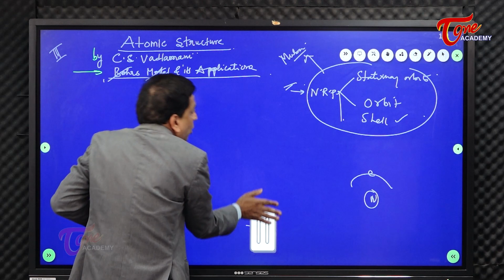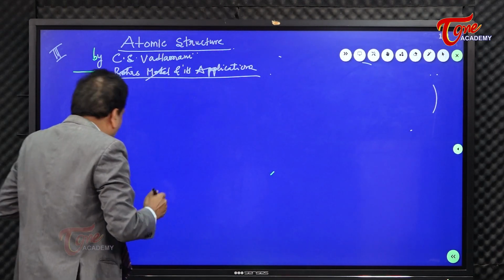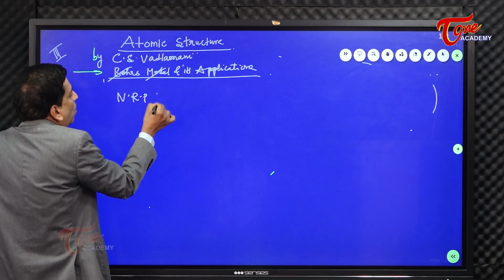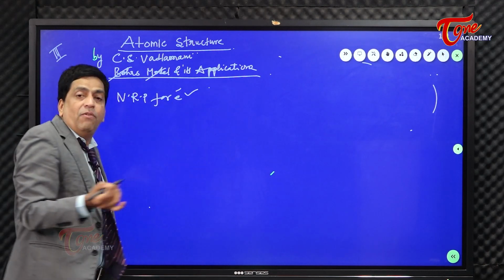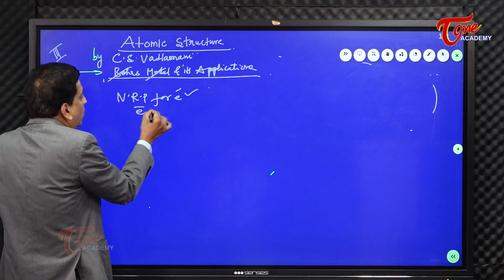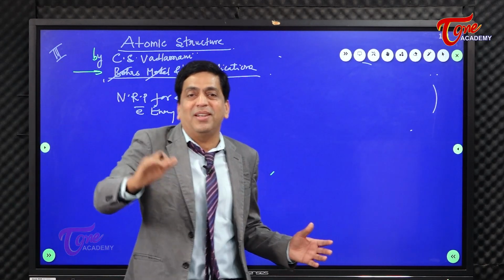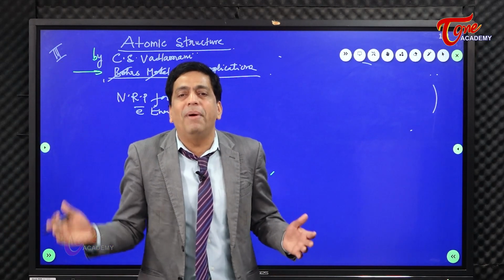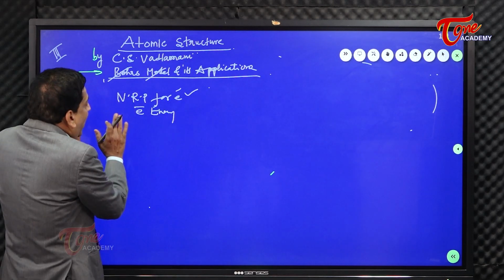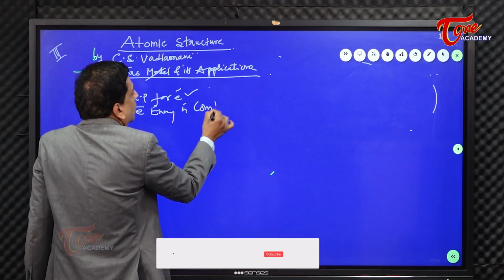When you propose non-radiating paths (NRPs) for electrons, then the electron's energy, synonymously the shell energy, synonymously the orbit, the shell, you must understand, is basically constant.